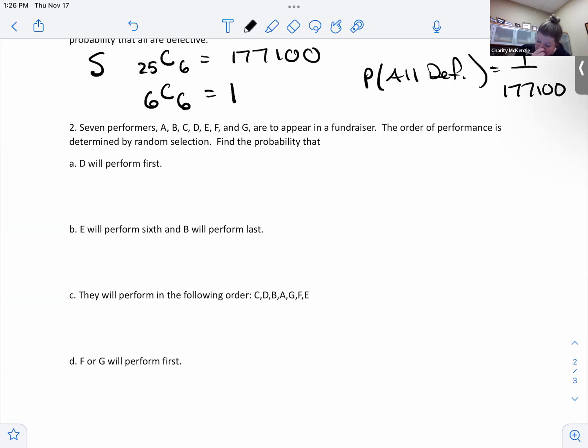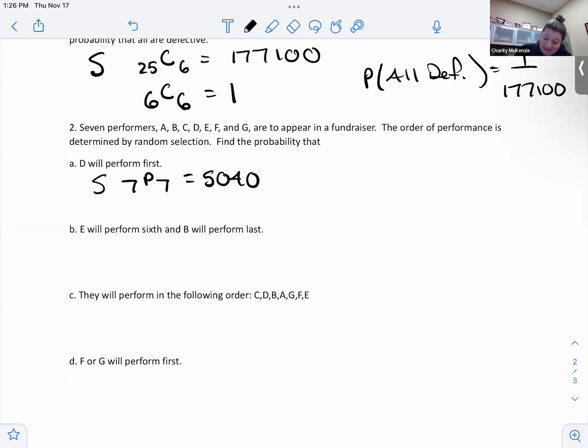First of all, sample space. There's 7 things, and we're choosing all 7, and order matters. 7 choose 7, because there are 7 performers. The order of the performance is specific. So our denominator is 5,040.